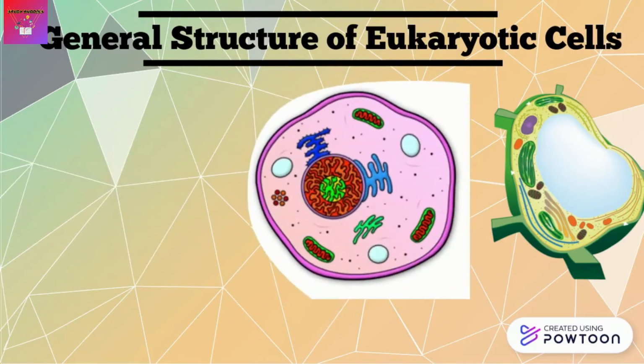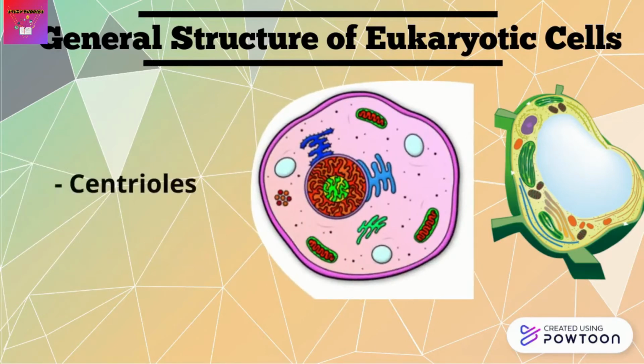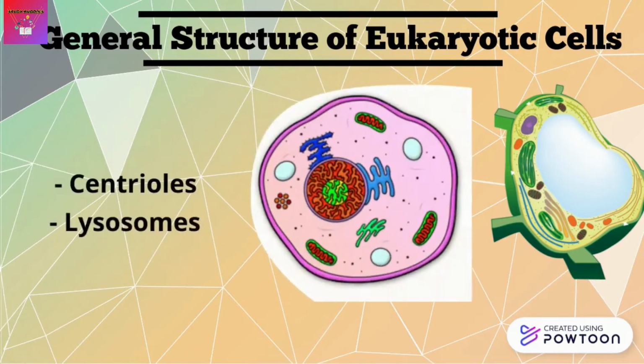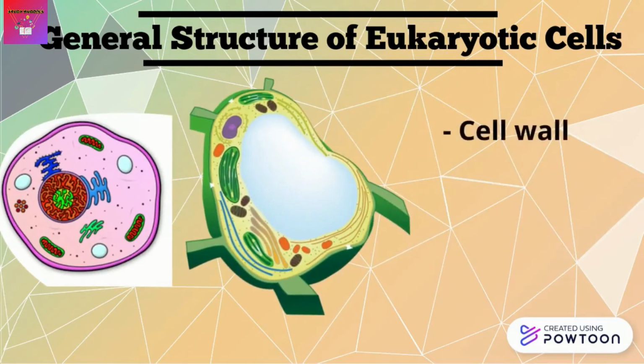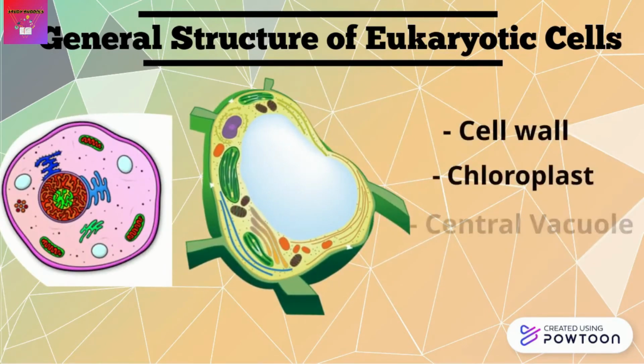Some of the structures that differ would be: only animal cells have centrioles and lysosomes, while only plant cells have cell wall, chloroplast, and a central vacuole. Their differences are suited to their respective needs as well.